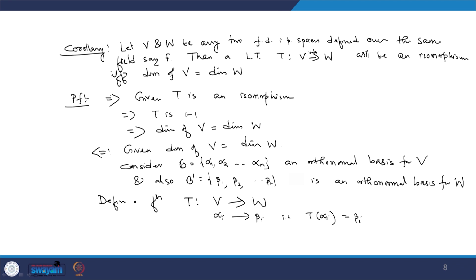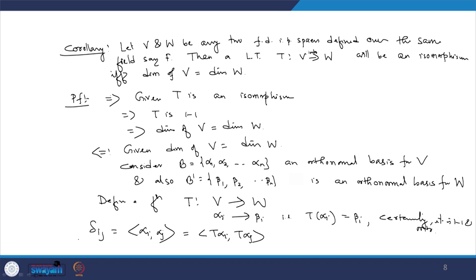So, if I consider like this, I define a map from V to W which maps alpha i to beta i, then certainly it is 1-1 and onto, and inner product of alpha i, alpha j is equal to inner product of T alpha i and T alpha j, because alpha 1, alpha 2, and so on are orthonormal.